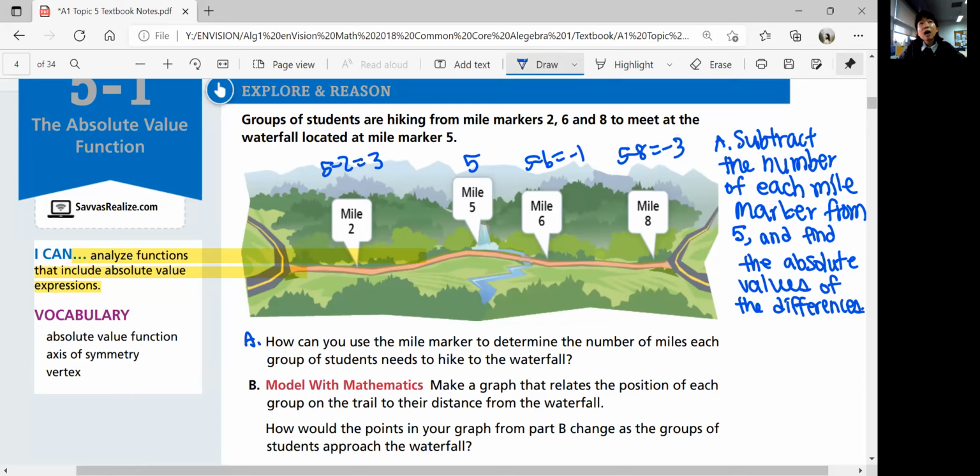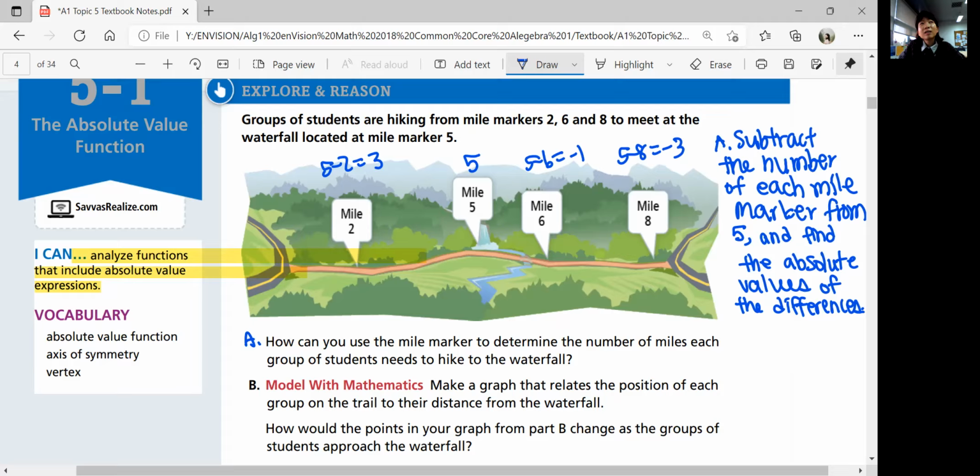And then how far away is talking about the distance. Distance cannot be -1. Only when we're talking about speed, we can say, oh, it's going backwards, right? Or time going backwards.